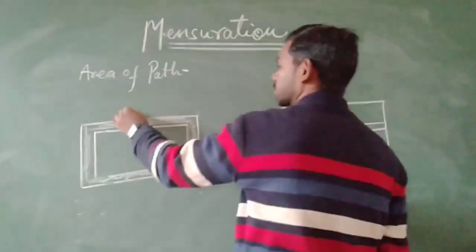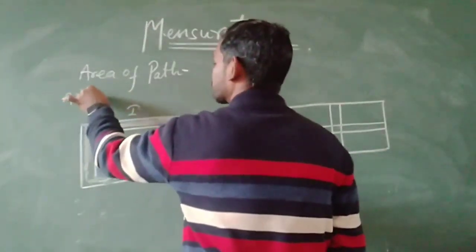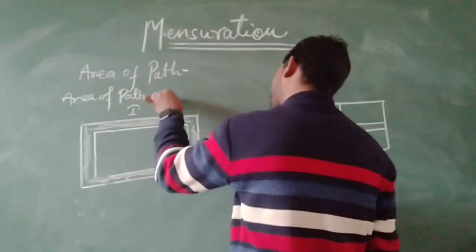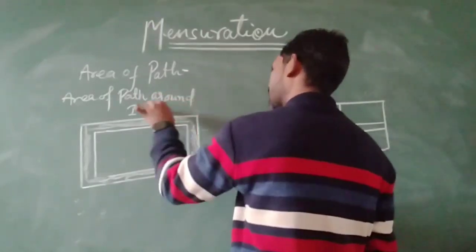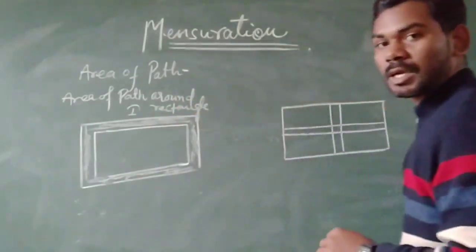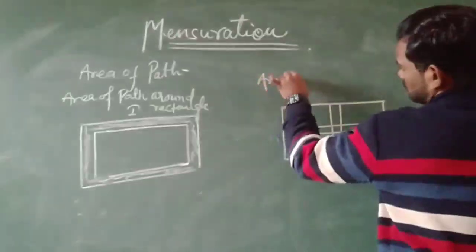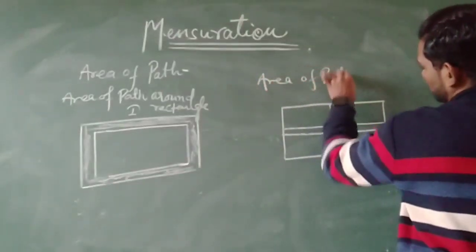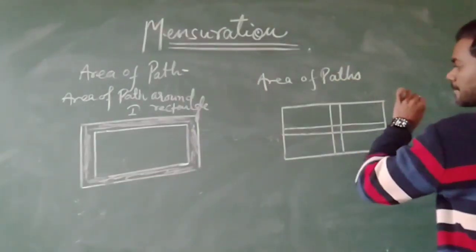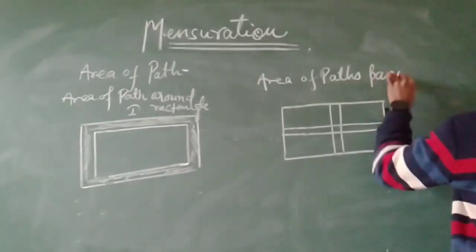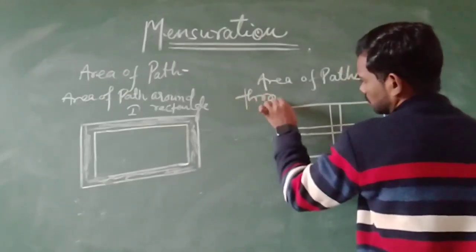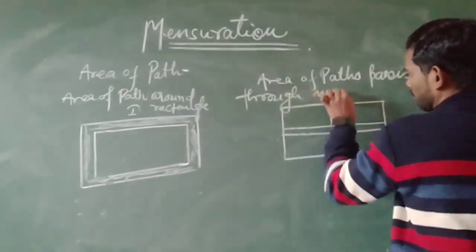The first condition is area of path around rectangle, and the second one is area of path passes through midpoint.